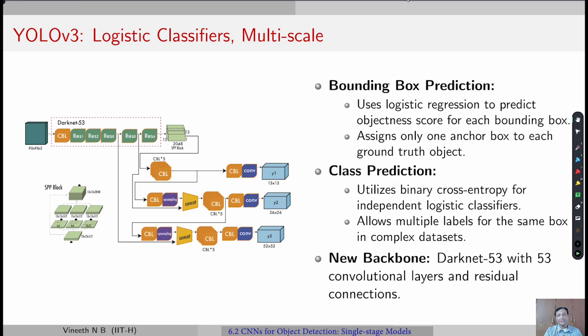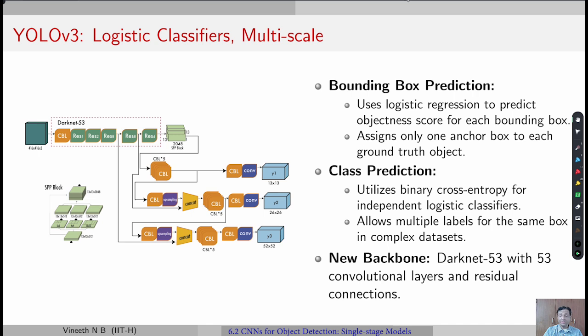There have been several variants of YOLO since v2. While we may not be able to go through every variant, let's quickly see a couple more to see how this family of architectures has evolved.